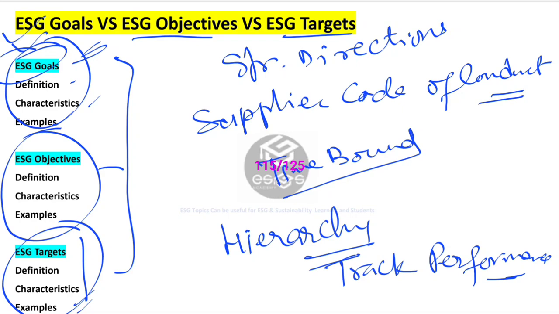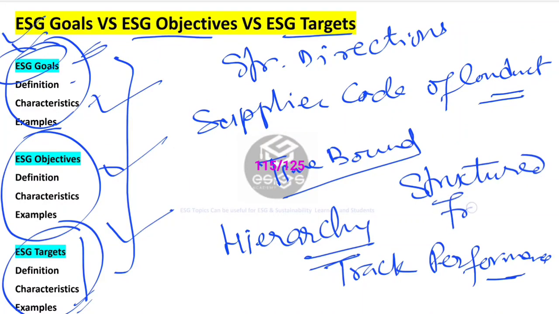So by clearly defining and aligning ESG goals, ESG objectives, and ESG targets, organizations can establish a structured framework for integrating sustainability into the core business strategy, fostering transparency, accountability, and long-term value creation for the stakeholders.